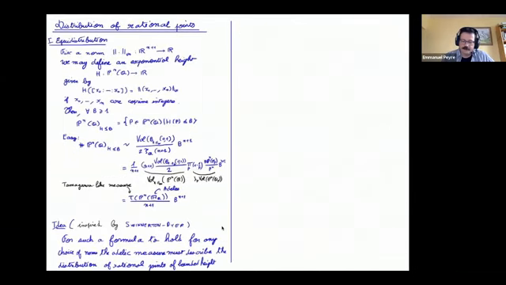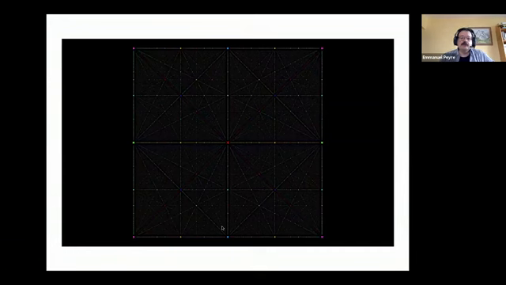So in this picture, I have represented points of bounded height on the projective plane, and the color of each point corresponds to the reduction modulo 2.